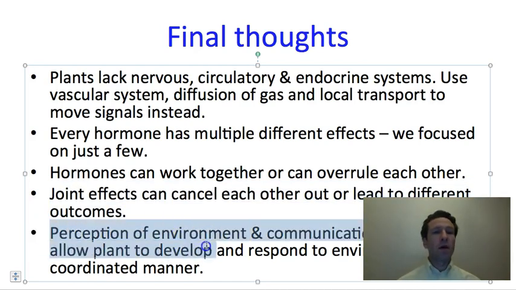And then the big lesson from today is that perception of the environment and the ability of plants to communicate information about this allow plants to develop and respond to their environment in a coordinated manner, so the shoots, roots, and other parts are all working together to help the plant achieve its highest possible fitness.